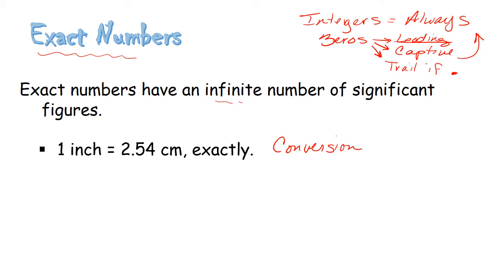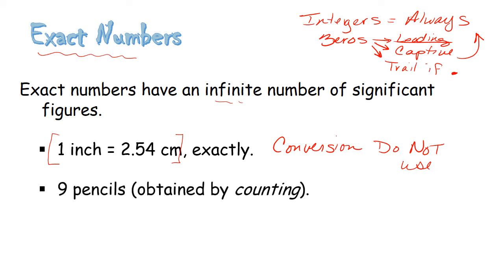If you convert a number, this is what I would like to think of as a known quantity. This isn't something you measured in the lab. It is a conversion unit. So we do not use it to calculate significant figures. They don't play sig fig games, is another way to think of it.